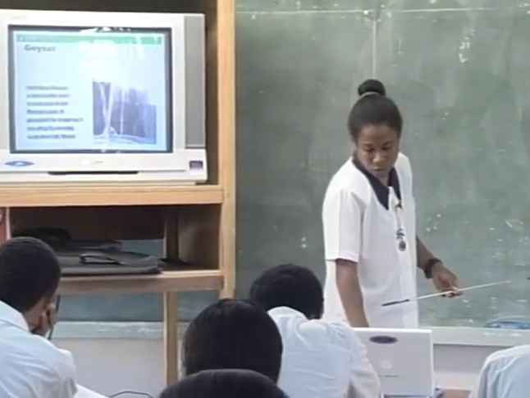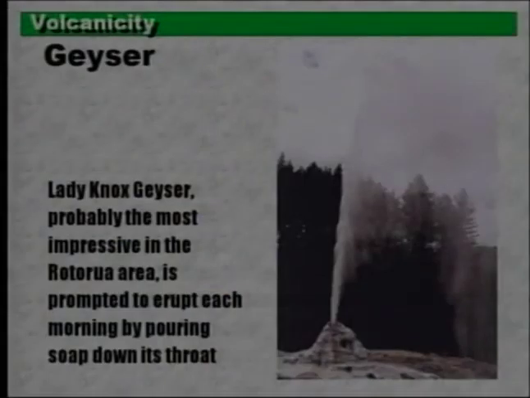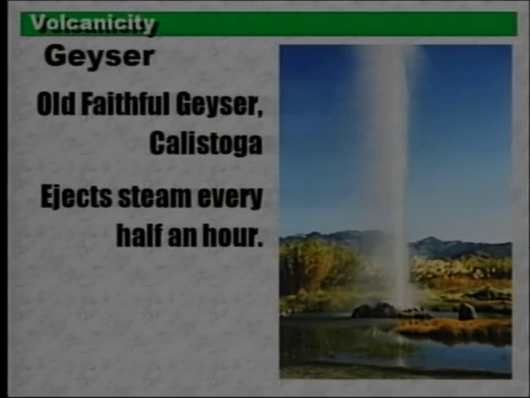But we have the 2 photographs there to show what a geyser looks like. We go back to the Lady Knox geyser, and then we have the Old Faithful geyser that's in United States or USA.